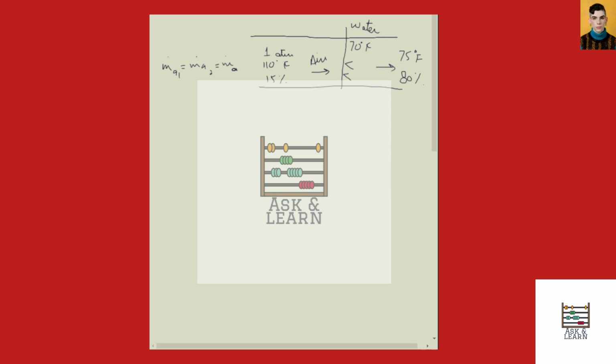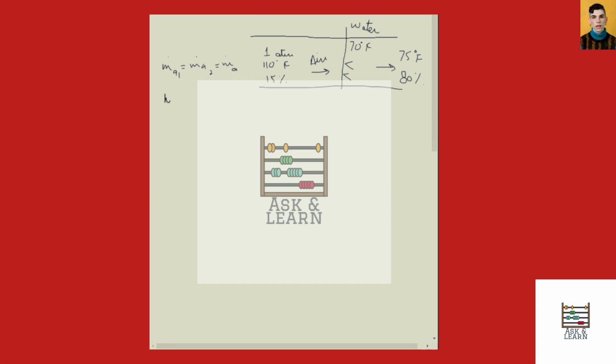So, the inlet and the exit state of air are completely specified. The total pressure is 1 atm. The properties of the air at the various states are determined from the psychrometric chart.